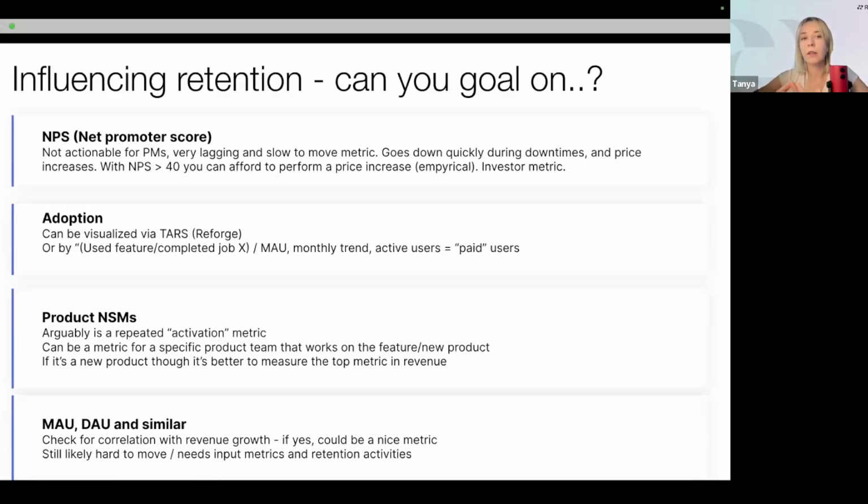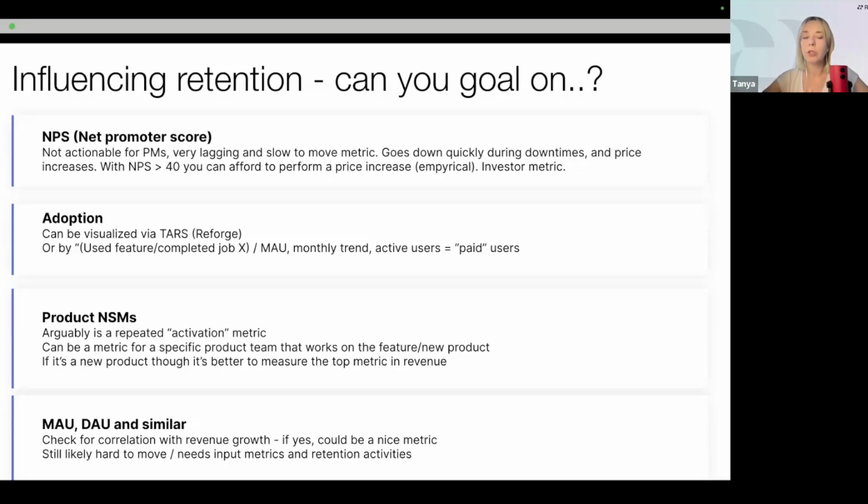Again, a simpler visualization of adoption would be a share of your active users, usually the paid users, who used a feature or completed a specific use case, for example, this week or this month, and you can have it on a trend. So if you have adoption for all of your features, you can also get a picture of how well your product is actually adopted. Do people adopt everything, or do they just adopt 10% of what you have?